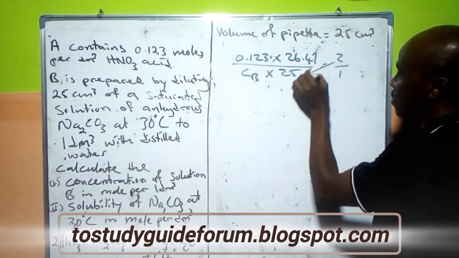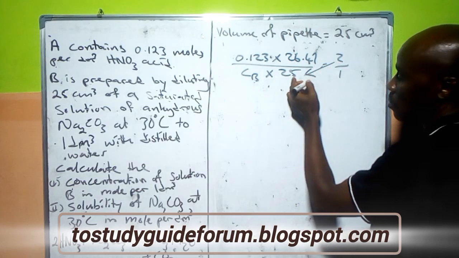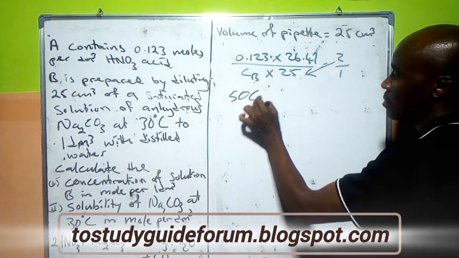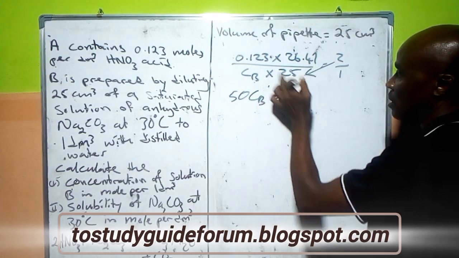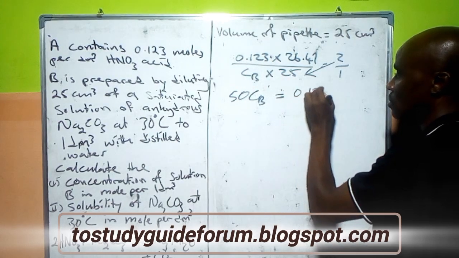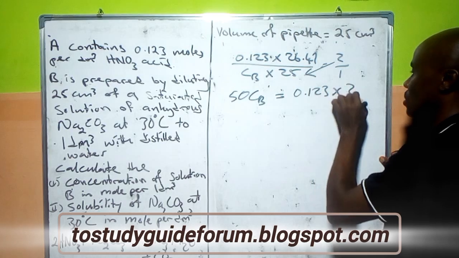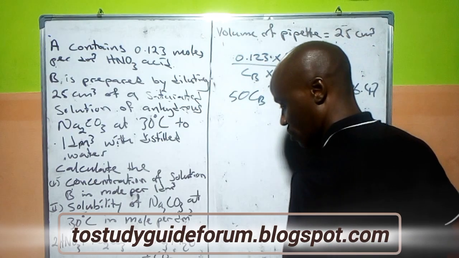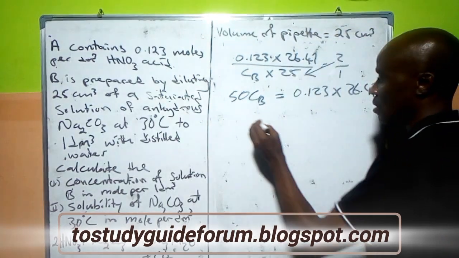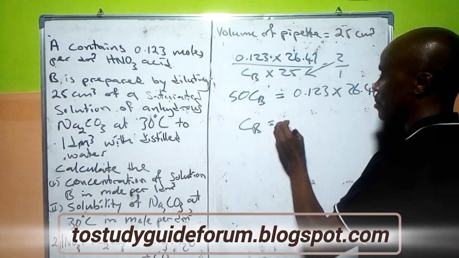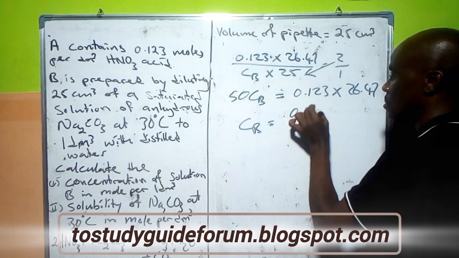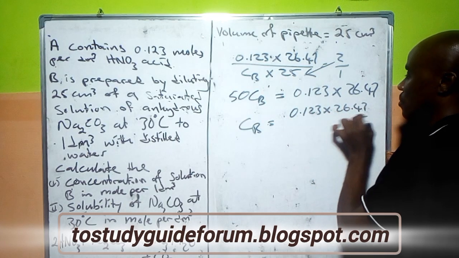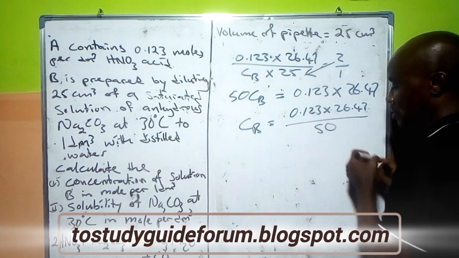We cross multiply. 2 multiplied by 25 and CB gives us 50 CB, and we have 0.123 times 26.47. So CB will then be 0.123 times 26.47 all over 50.